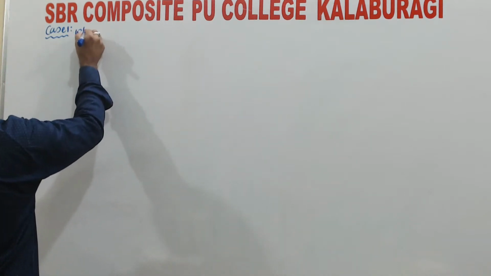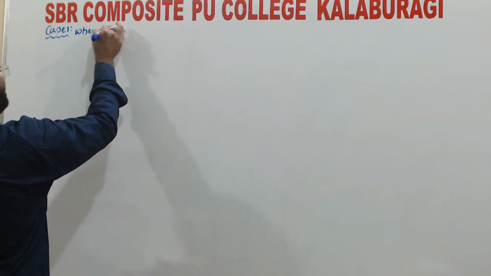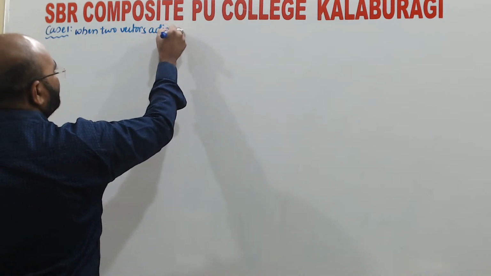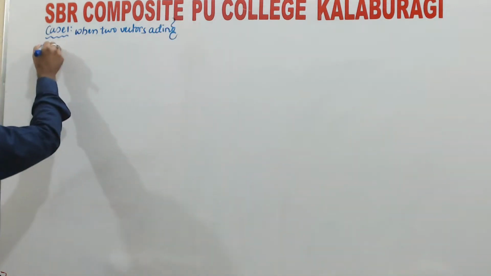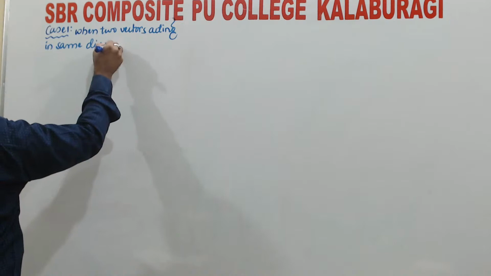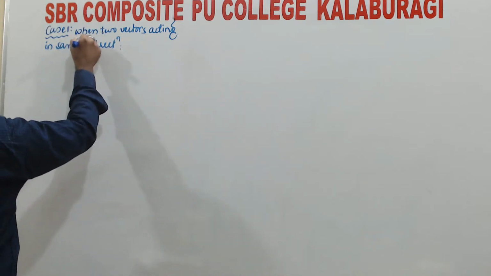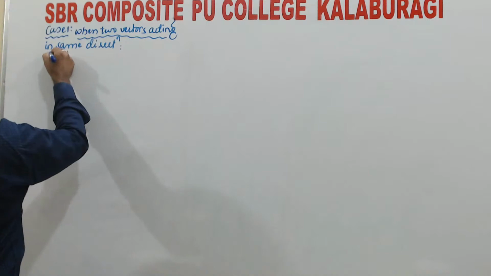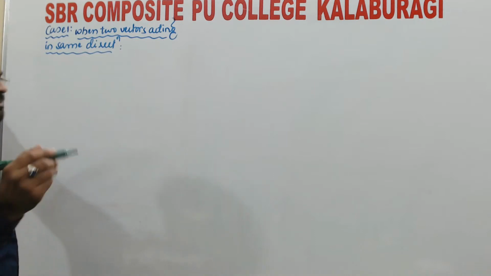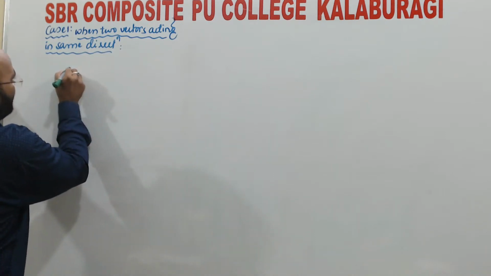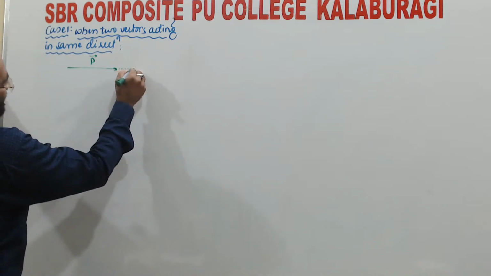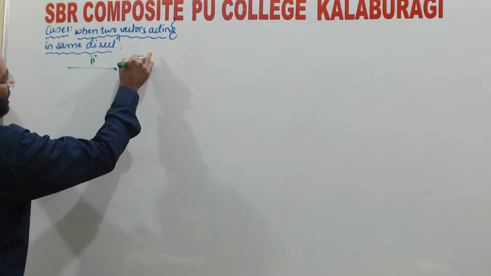Consider the notation, now I am slightly changing the notation to make it cleaner. Say this is the vector P, and this is the other vector, which we call vector Q.